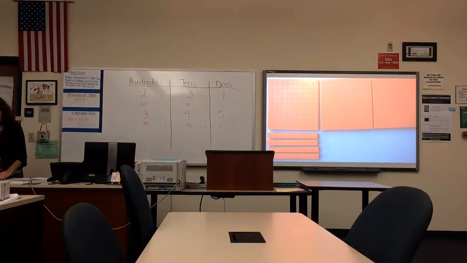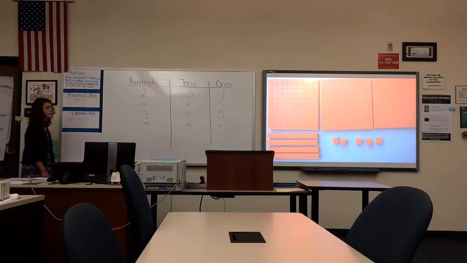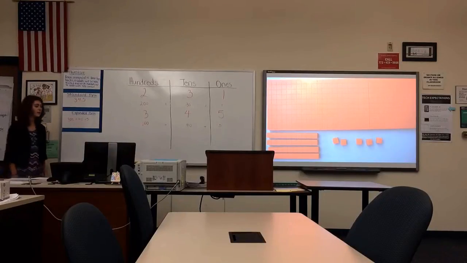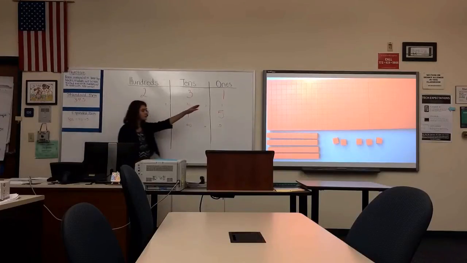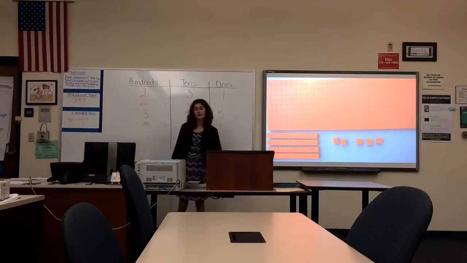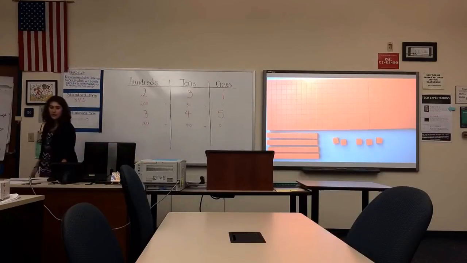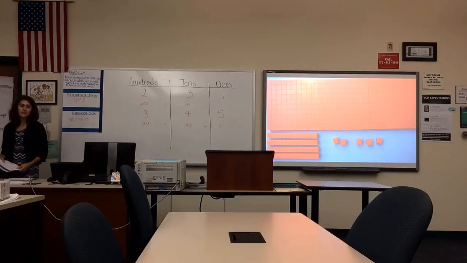And how many ones would we have? 5. All right. So this is a picture of 345. Does anyone have any questions before we move into our guided practice and then our independent practice?